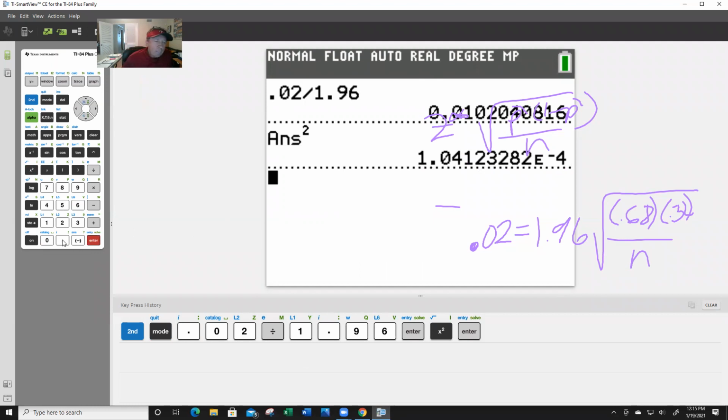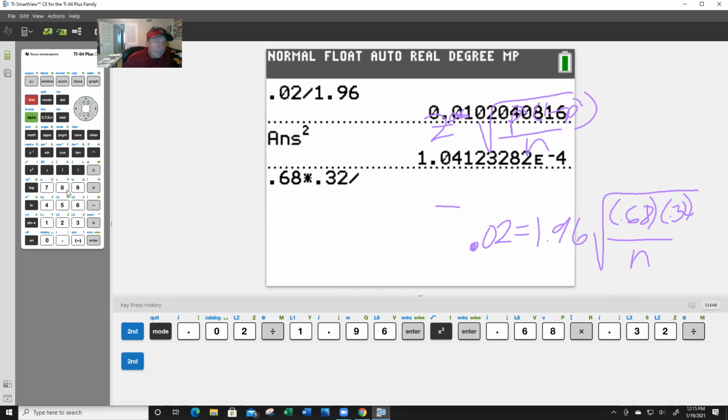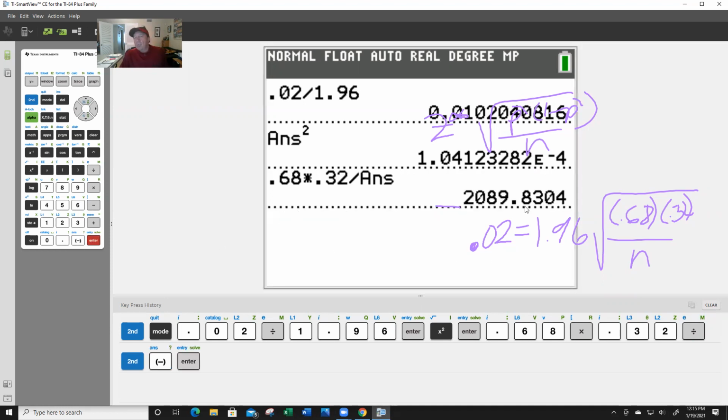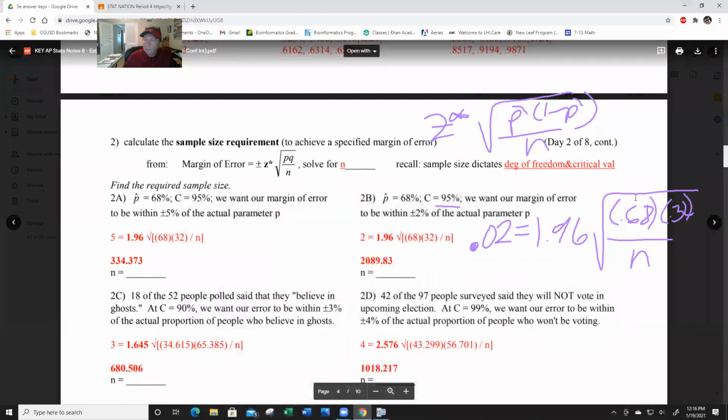Then I'm going to take 0.68 times 0.32, and divide that by the second answer. Again, I got about 2090 somewhere in there. That's not hard to do, but when you first see it, it can be a little bit tricky. And there's your answer right there.